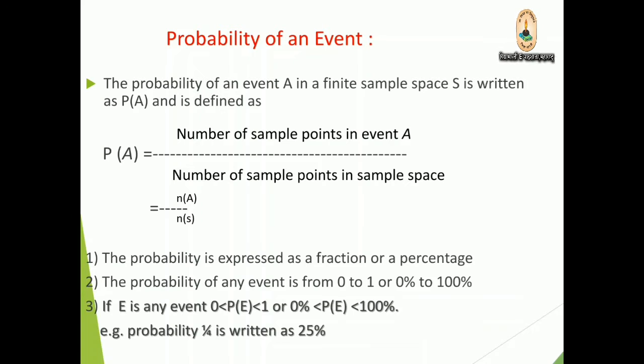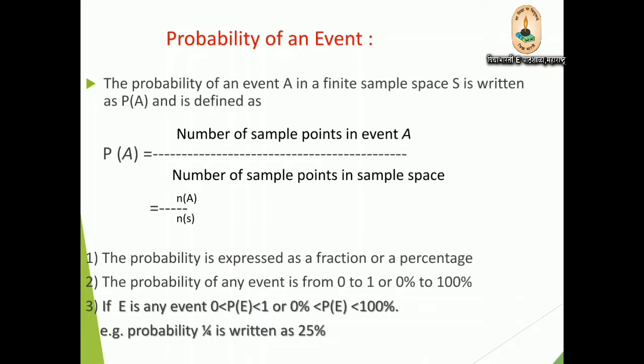You should remember some points about the probability of A. The probability is expressed as a fraction or a percentage. The probability of any event is from 0 to 1 or 0% to 100%.